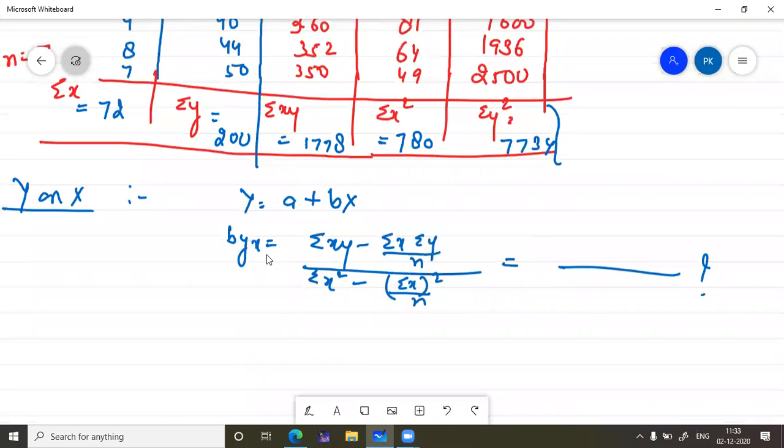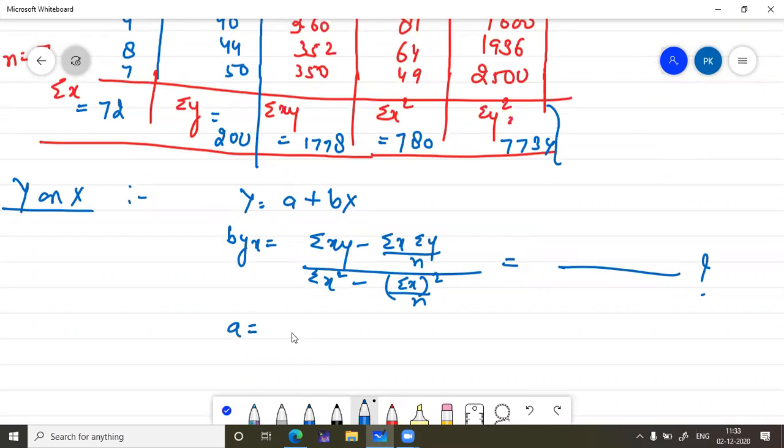And a is equal to y bar minus b x bar. y bar means summation of y by n, which is 200 by 7, and byx is evaluated from here, and x bar means 72 by 7.